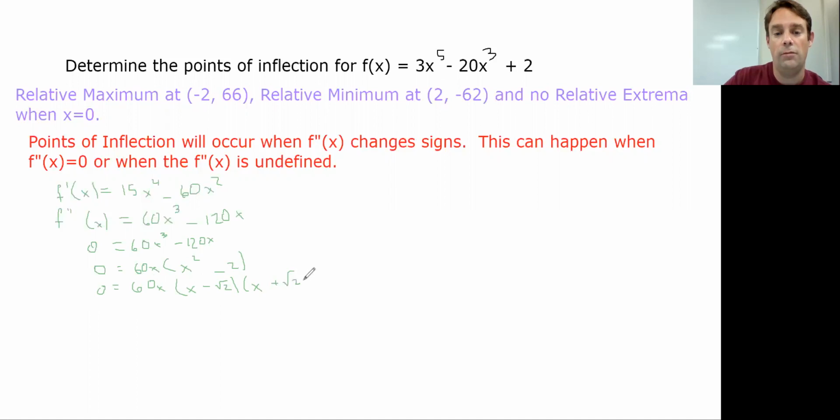So I'm going to have 3 critical numbers for my second derivative. So those are the values that I'm going to find. All right, what does our second derivative do at these values?